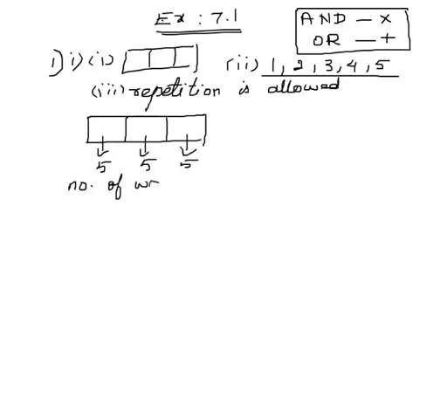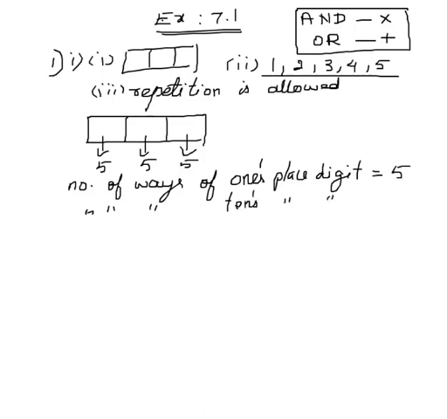So number of ways for ones place digit is equal to 5. Number of ways for tens place digit, that is also 5 because repetition is allowed. Number of ways for hundreds place digit is equal to 5.